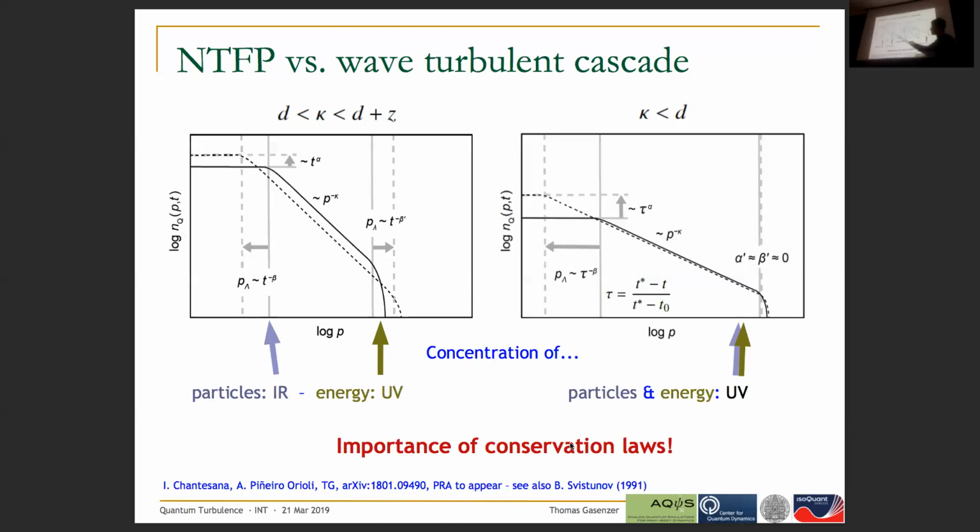Whereas when you go to a typical weak wave turbulence cascade, as I can calculate it for the same type of system, just the Bose gas, I will find that this exponent kappa is actually smaller than the dimension d for the inverse cascade. And in that case, I have the problem that particles and energy are both concentrated at the ultraviolet end, simply because that power law is too flat.